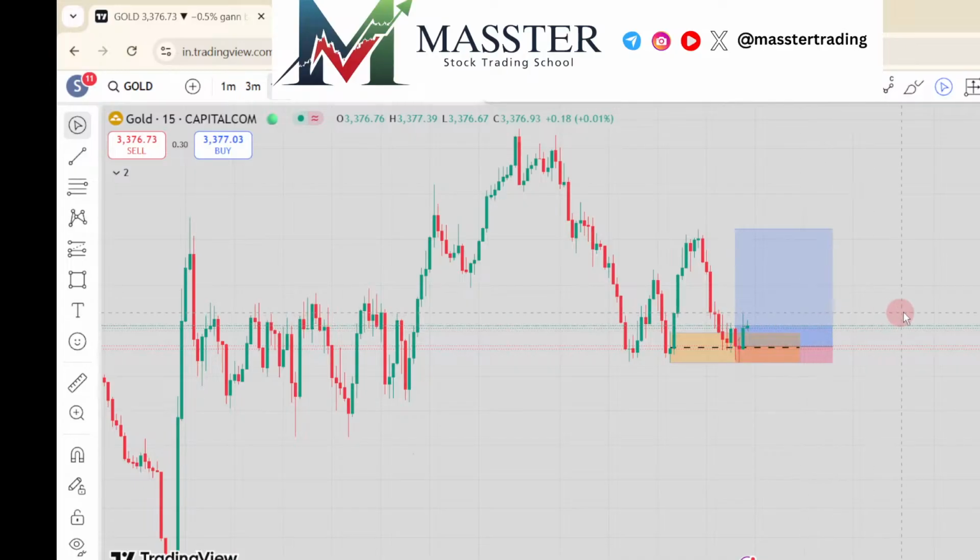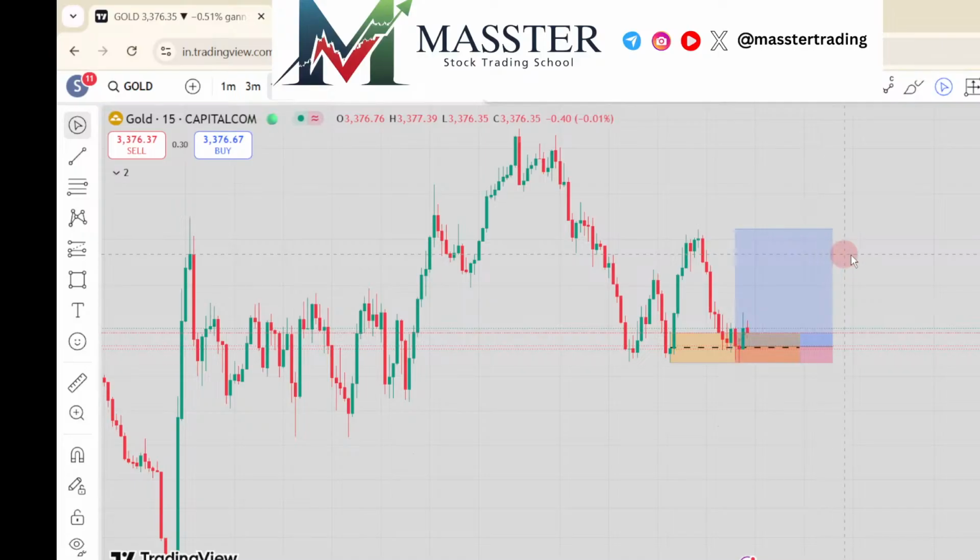This support zone has been holding for some time, and buyers have stepped in repeatedly to defend it. The buyers repeatedly buying from those points is where we get the entry for the buy side.